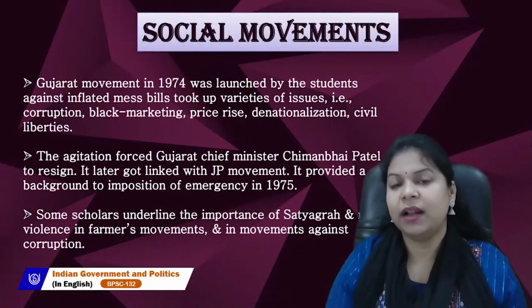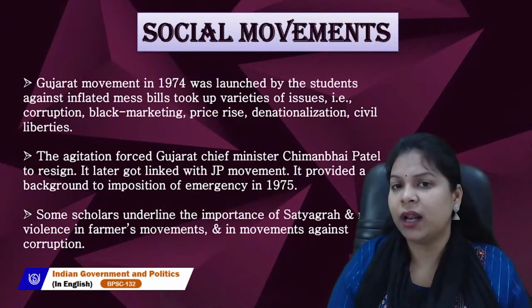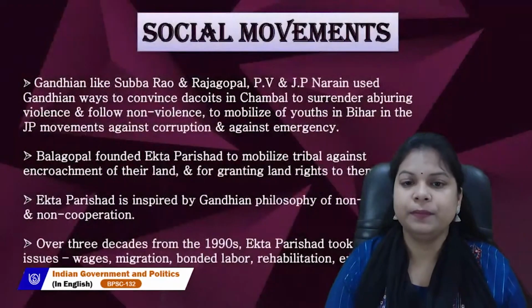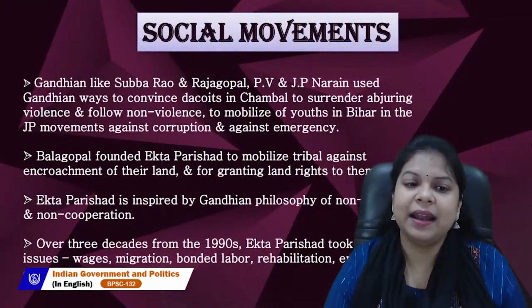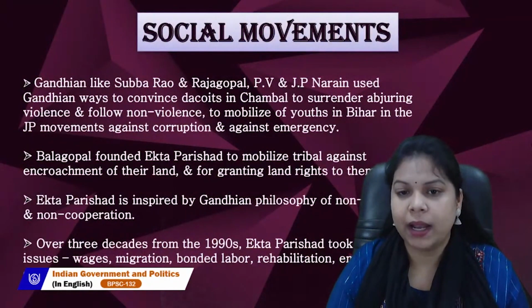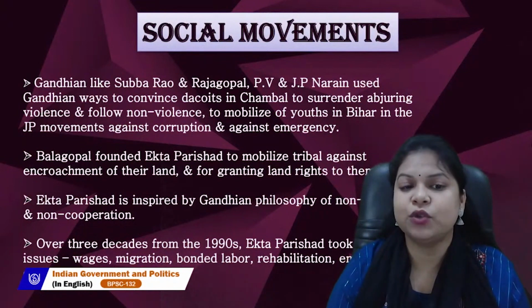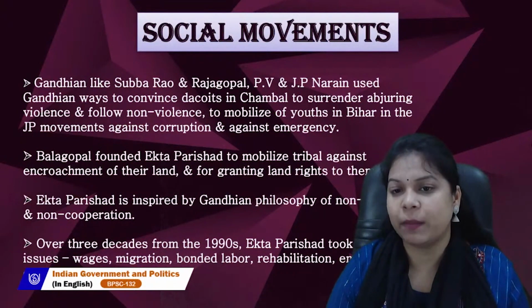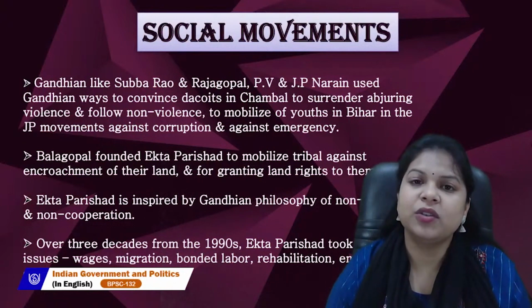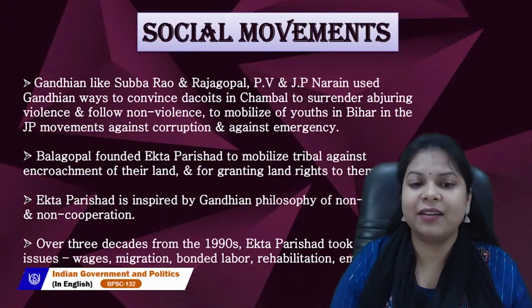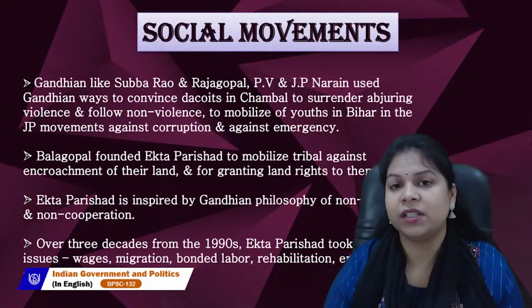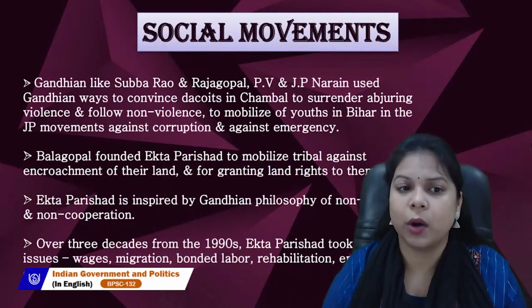There were many movements in India where Gandhi's principles were used. Gandhians like Subbarao, Rajgopal, PV and JP Narayan used Gandhian ways to convince dacoits in Chambal. Chambal is a very famous place for dacoits.